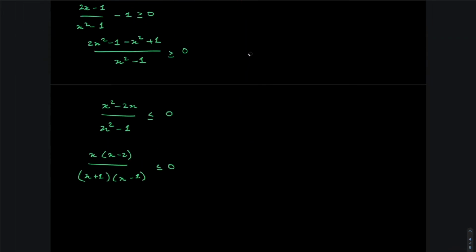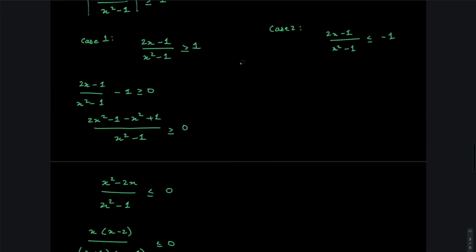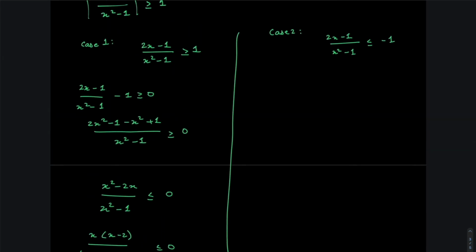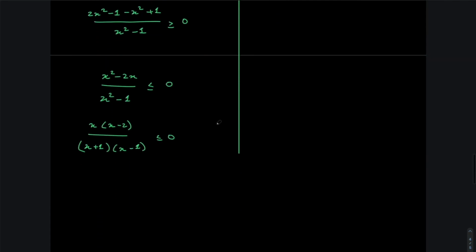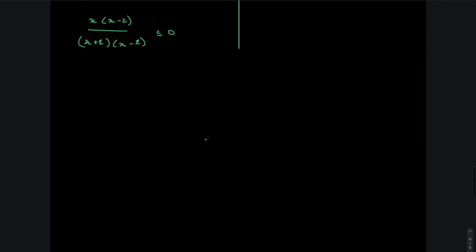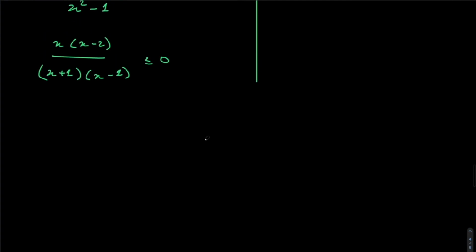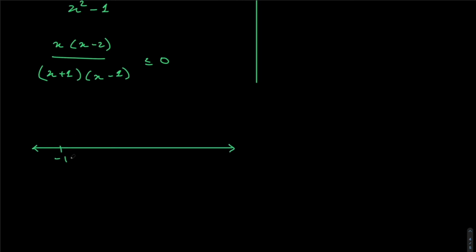So let me create a better line right here. Now I'm going to take all the critical points. So I'm going to have x equal to 0, 2, 1, and minus 1. Draw a number line like this, with minus 1, 0, 1, and 2.